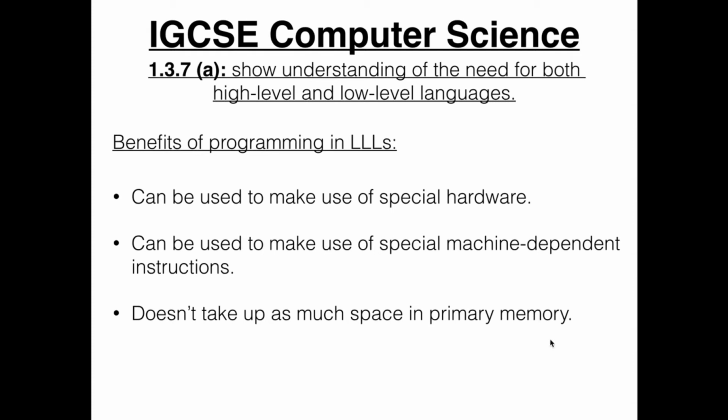It doesn't take up as much space in primary memory, and when we get onto translators, you'll see why. The code also runs more quickly, and again, you'll see why in the next video when we look at translators.